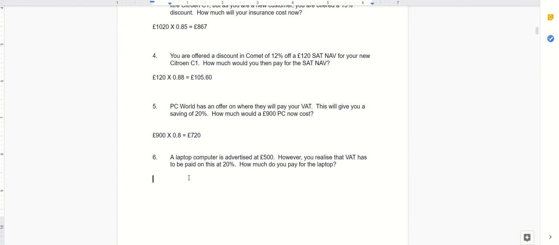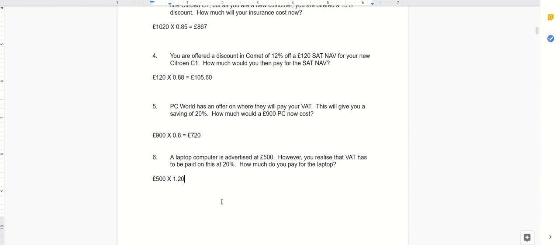A laptop computer is advertised at £500, however you realise that VAT has to be paid on this at 20%. How much do you pay for your laptop? Now this is a new one, a slightly trickier one. How you do this is pretty straightforward though. £500 multiplied by its original cost plus 20%. So that's 120%, isn't it? How do we represent 120% as a decimal fraction?